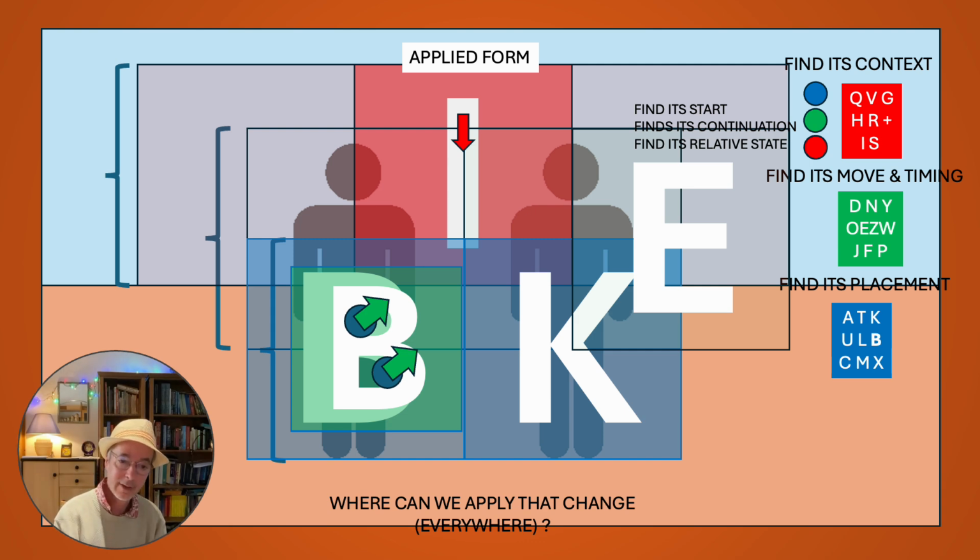The next letter will tell you where I can use that. So the E is that applied form. Where can we apply that kind of change? Can we apply it everywhere, anywhere? The E is the context, meaning you can have different contexts. You don't always see all the contexts, but it gives you the opportunity.